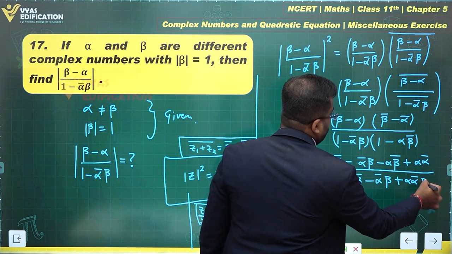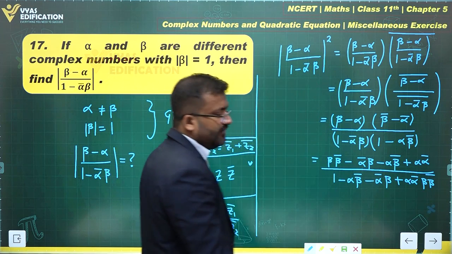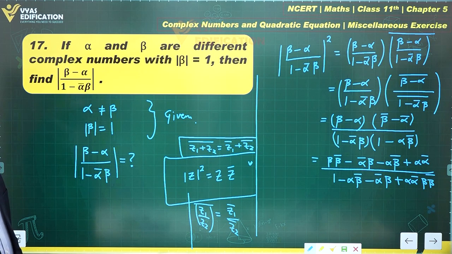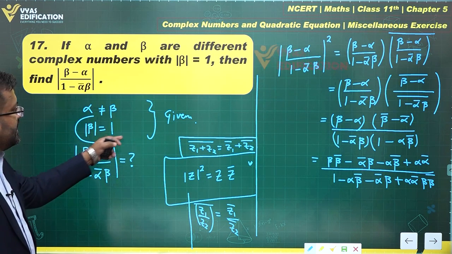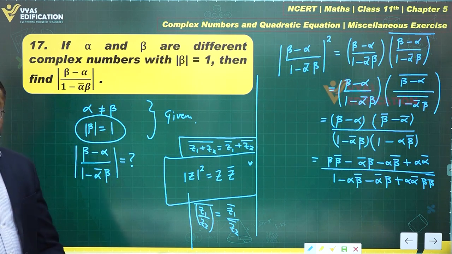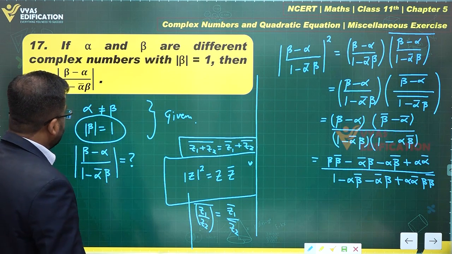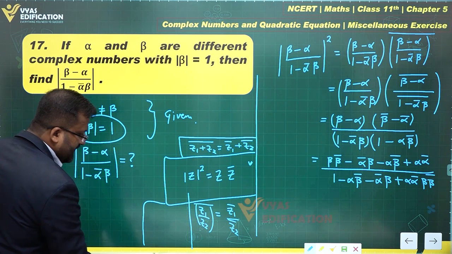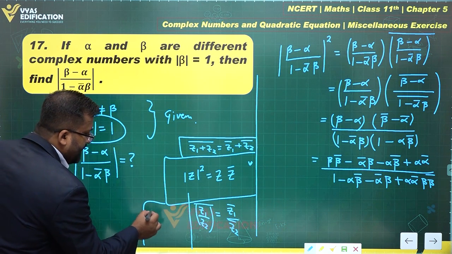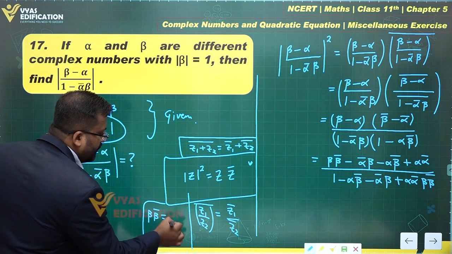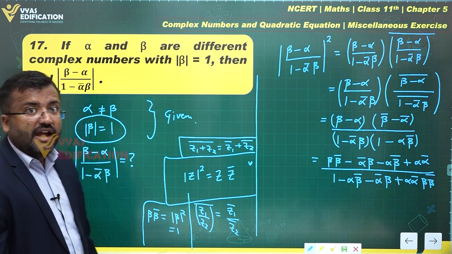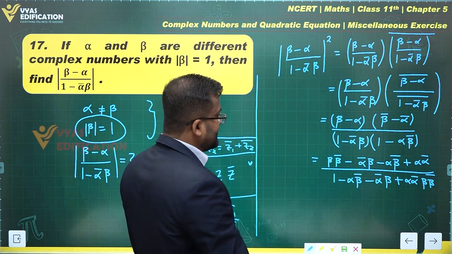alpha alpha bar beta beta bar. Now recall, there was one more condition given, and that condition was only on beta: modulus of beta is equal to 1. Since modulus of beta is equal to 1, I'll use another idea here. Beta beta bar is equal to modulus of beta whole square, which is equal to 1. And that is something I'll be using next.